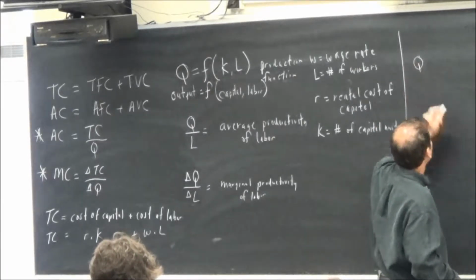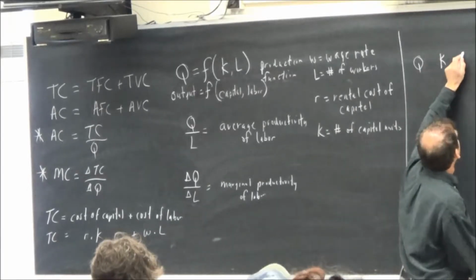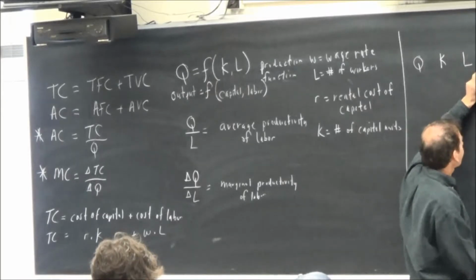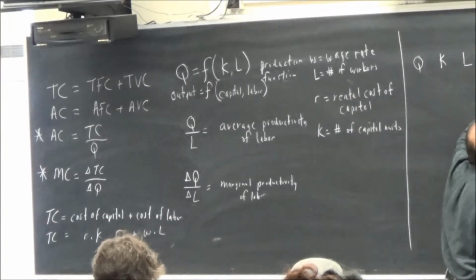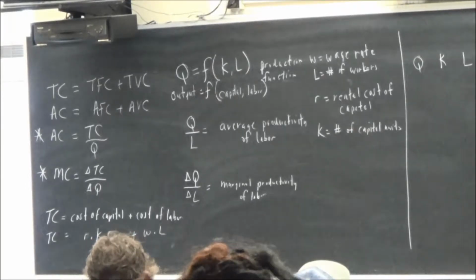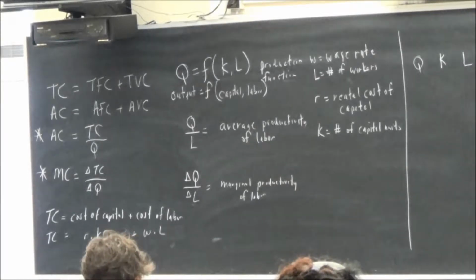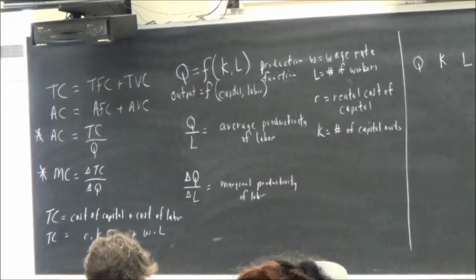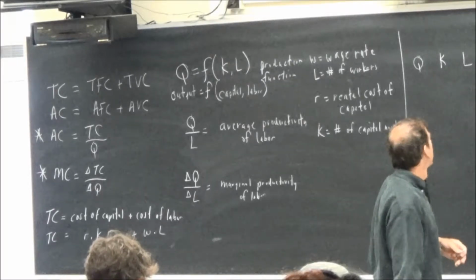We'll take the number of capital units, number of labor units, the total cost, the average cost, and we'll do the marginal product of labor and the average product of labor. And that's probably enough for now.